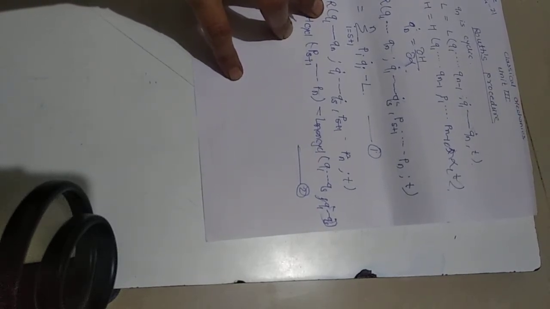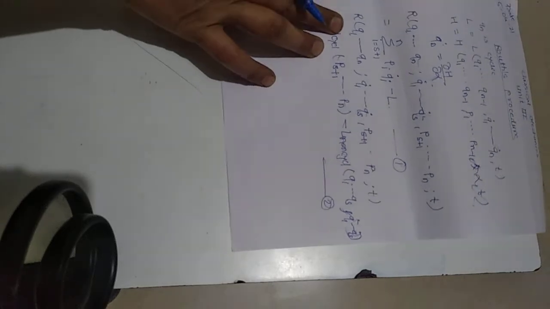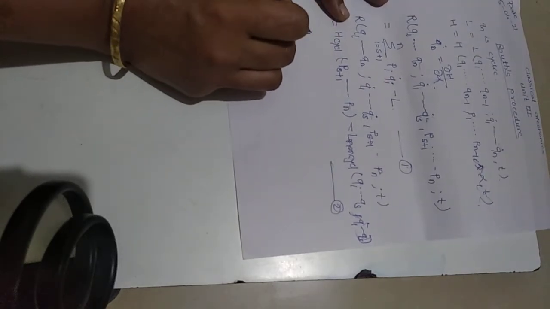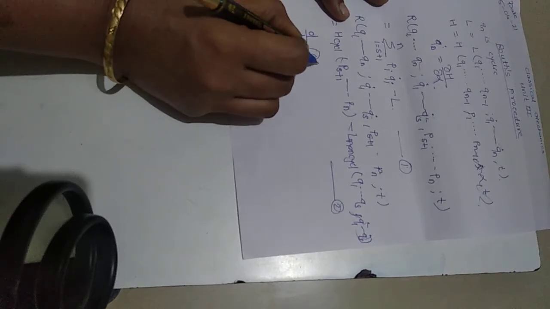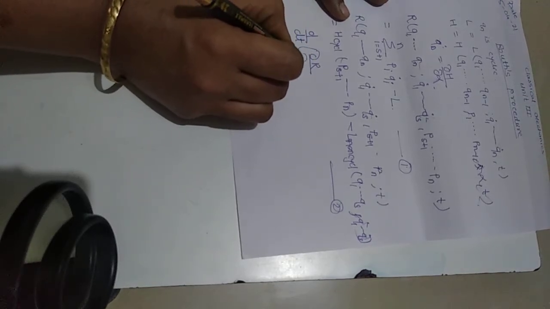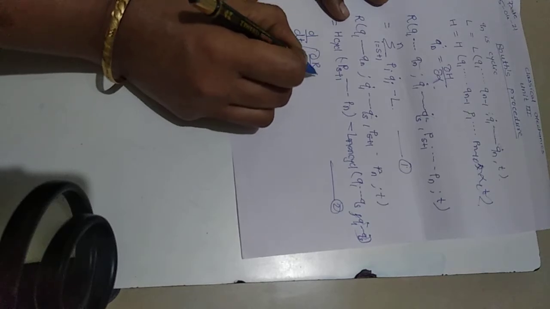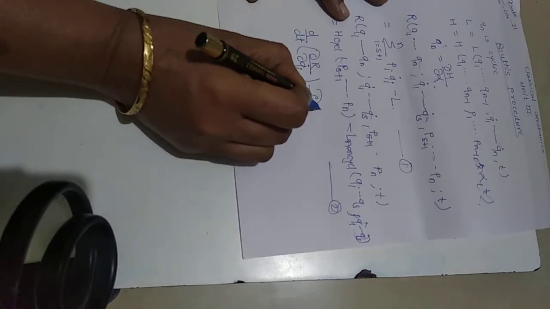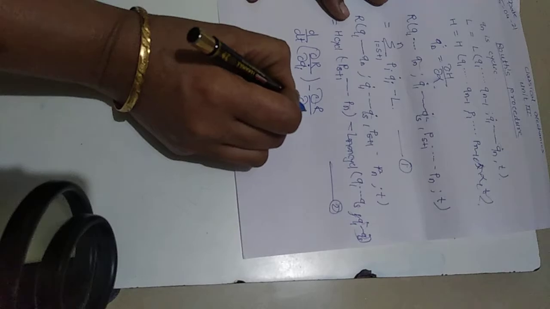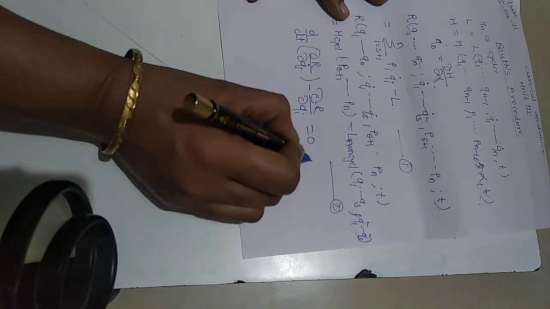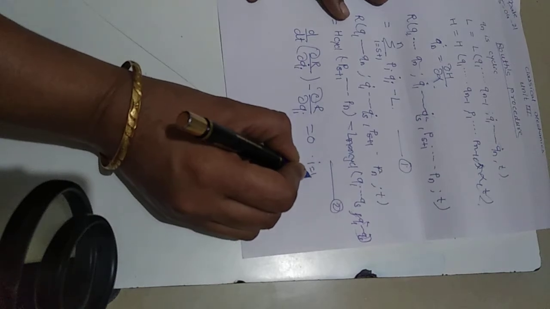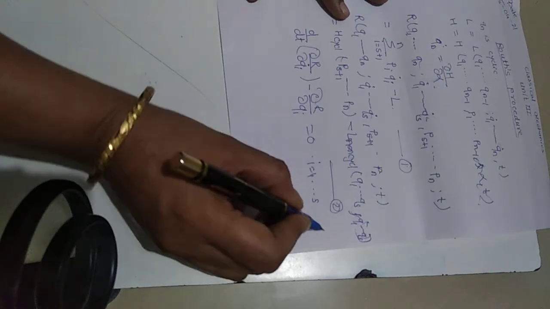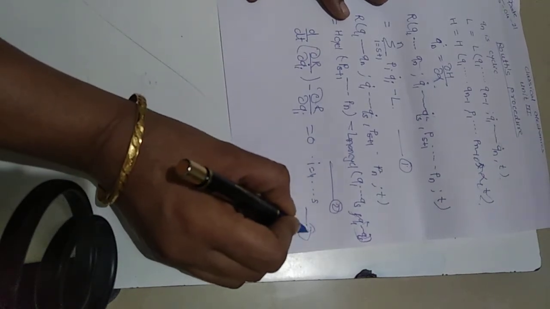It is easy to show that for the s non-ignorable coordinates, the Lagrangian equation is given as d upon dt of del R upon del qi dot minus del R upon del qi is equal to 0, where i is equal to 1 to s. This is equation number 3.